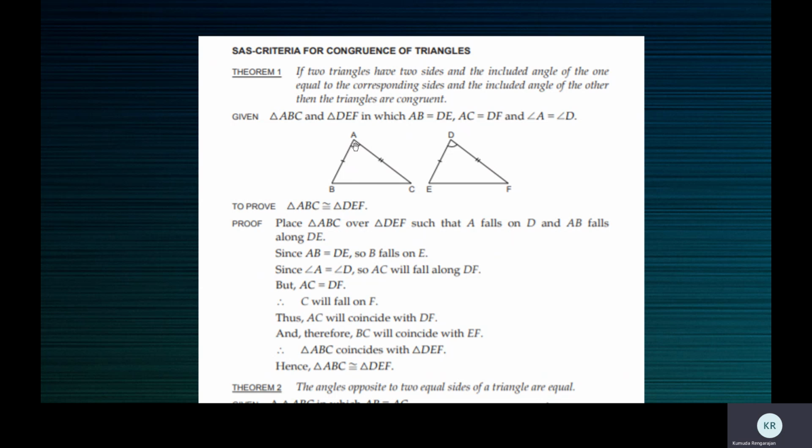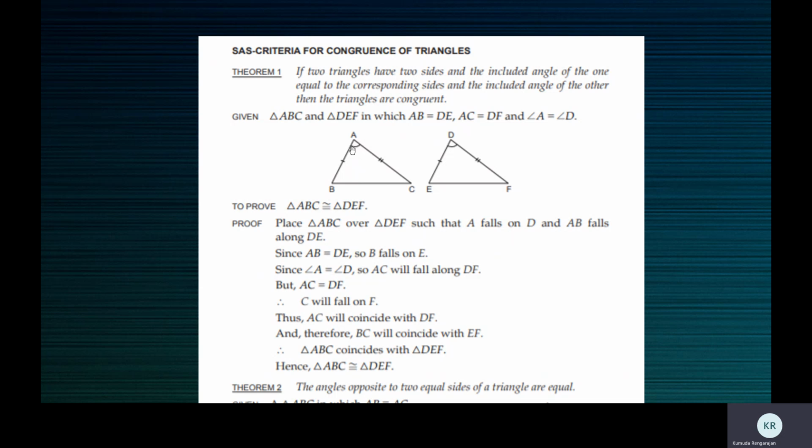You're placing it such that A falls on D. You're going to lift this triangle and place it over this, so that the vertex A coincides with vertex D, and also so that AB falls along DE. But AB is equal to DE. So what will happen? B will fall on E.